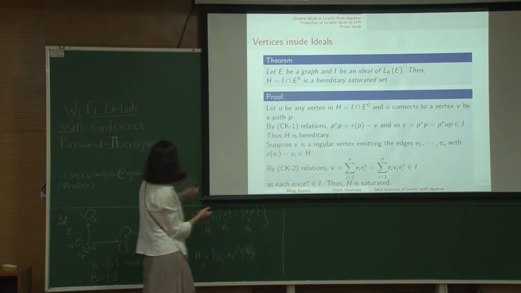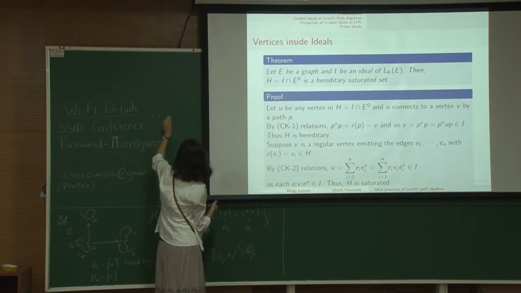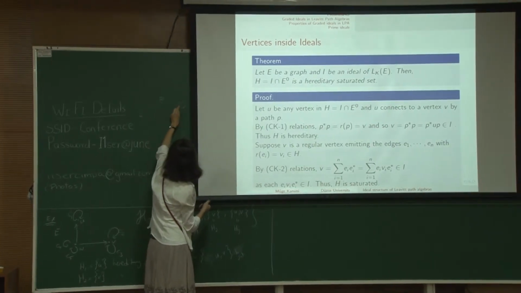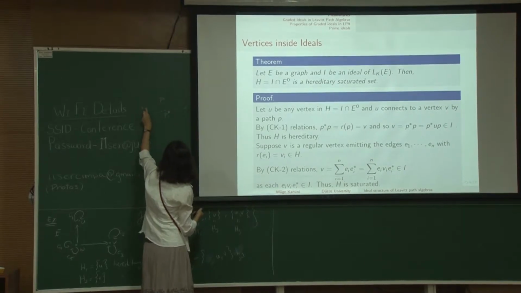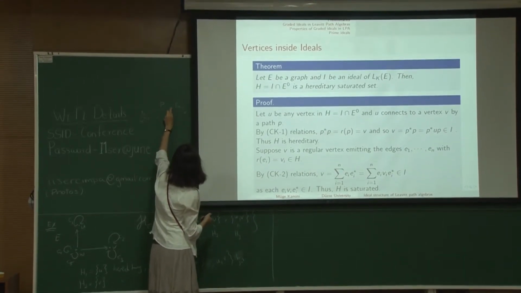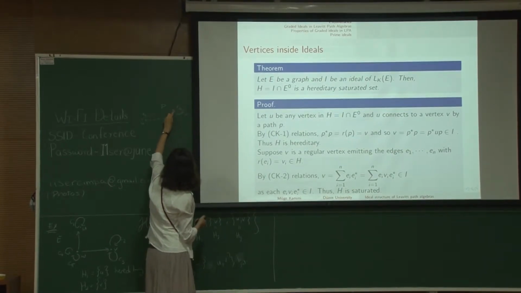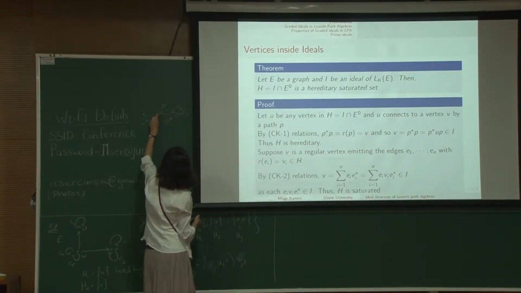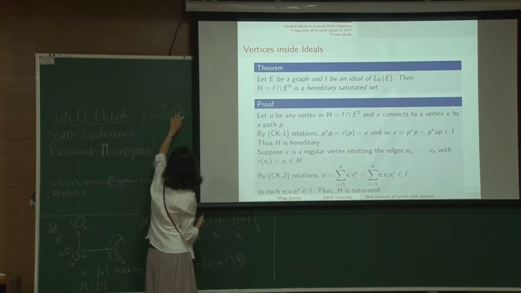But P star P, recall that P goes to V, and then you go backwards with P star. However many edges you have here, then you go back via the ghosts. These are the ghosts.